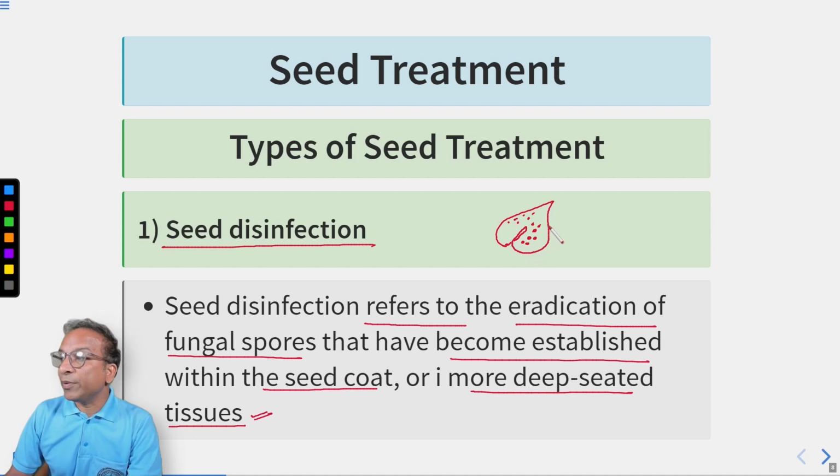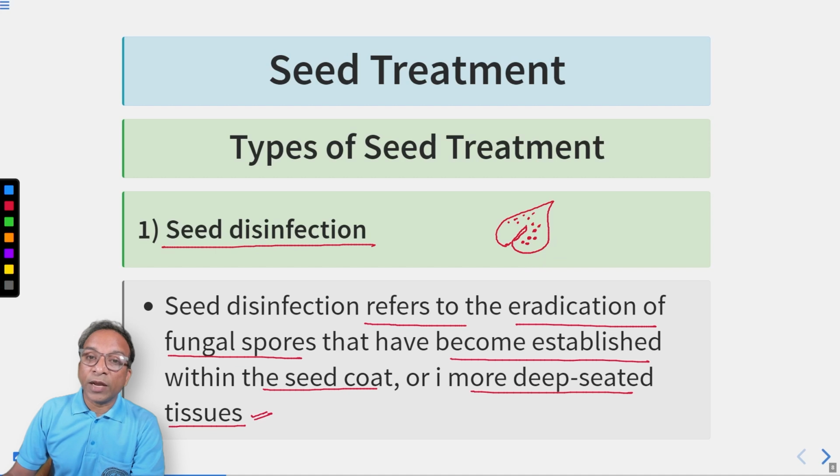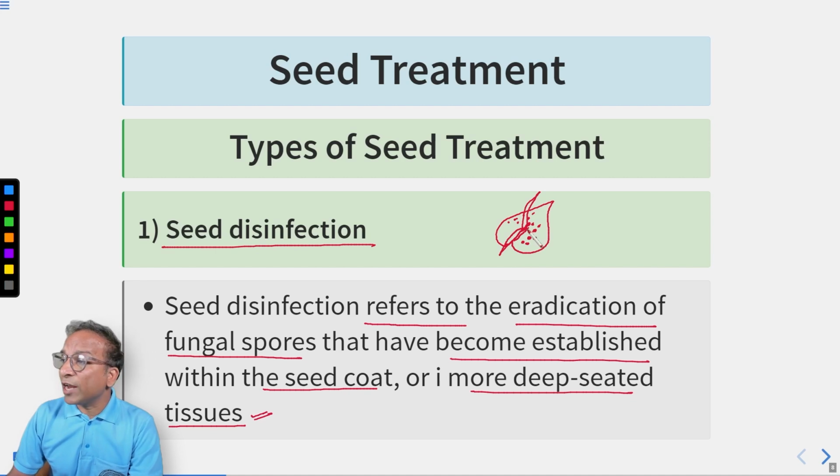They can be present in the cotyledons, and sometimes at the point of the embryo, from where the radicle comes out and from where the plumule comes out, right? At that particular point also the spores can be present. So seed disinfection refers to the eradication of the fungal spores.